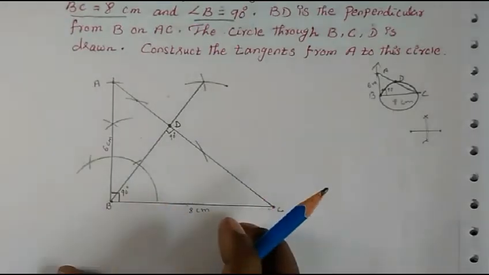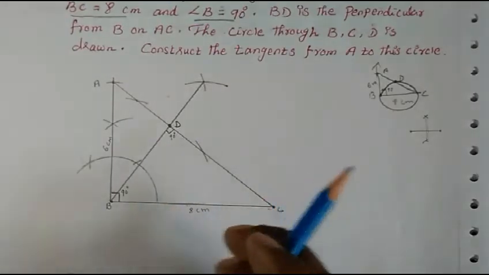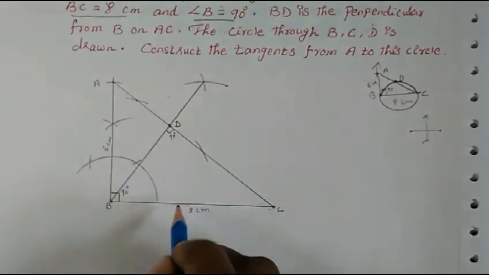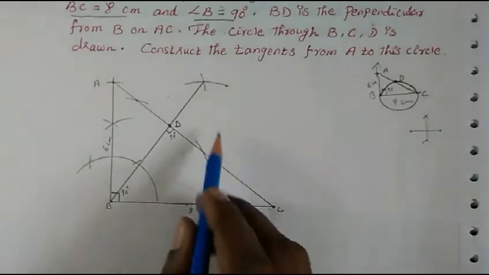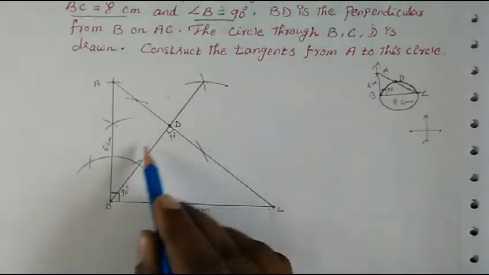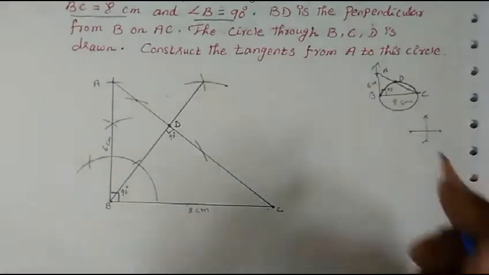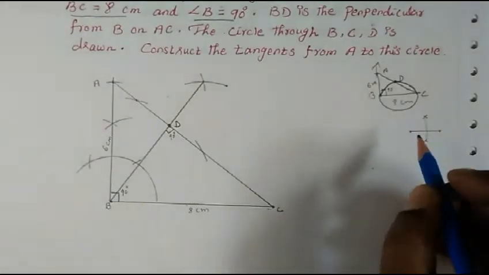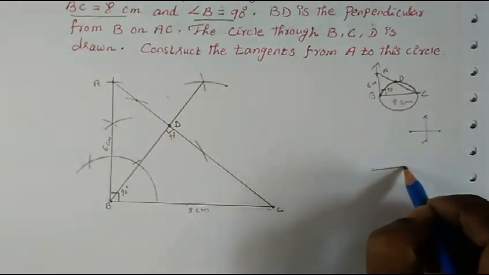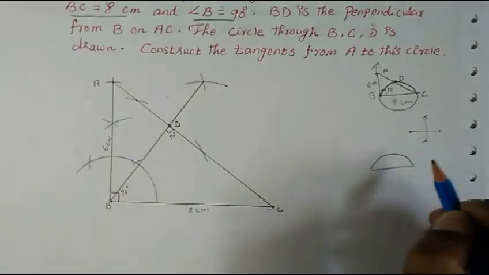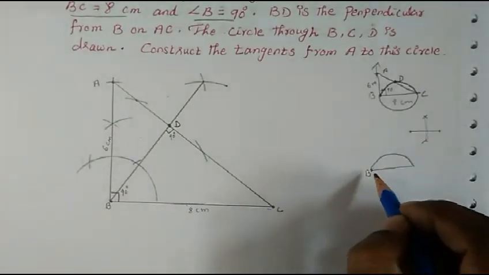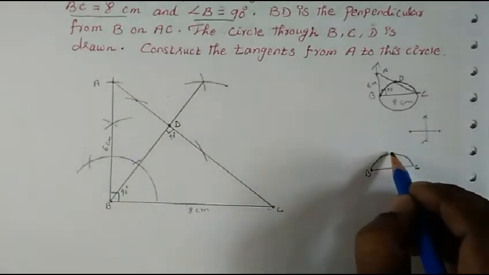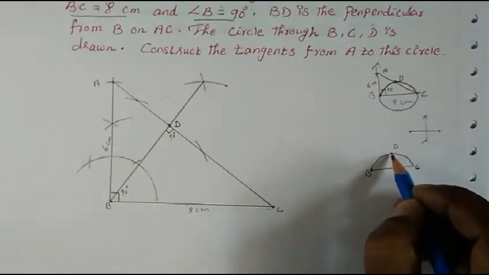To make a circle you need the radius, that means you need a center point, so that you can equally pass through this. For example, this is your semicircle, this is your point B here, C here and your point D here.